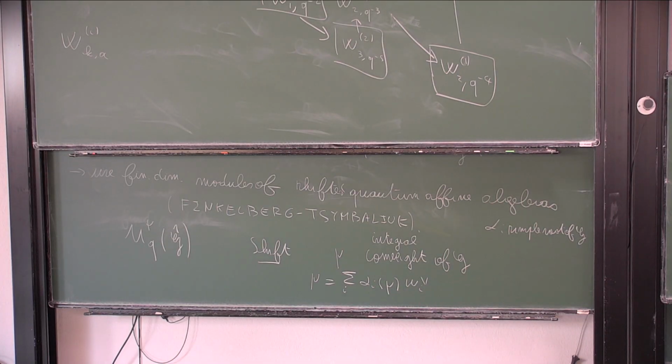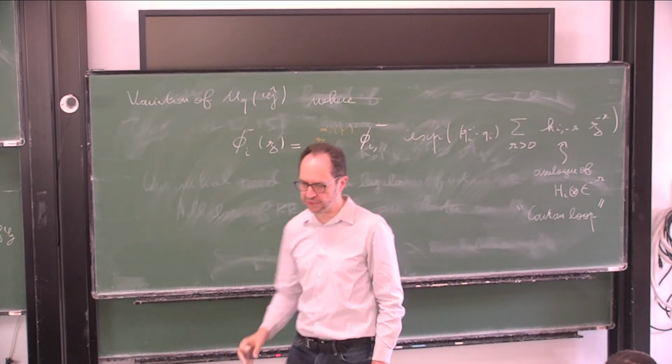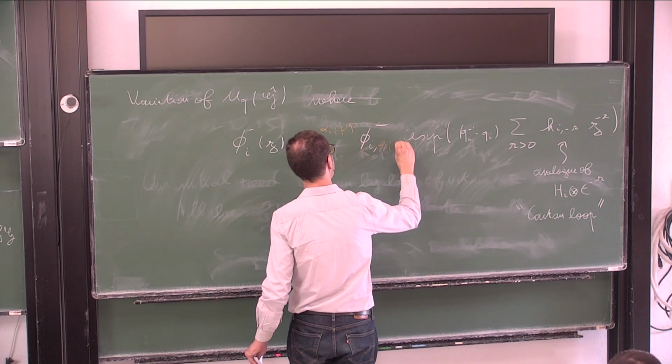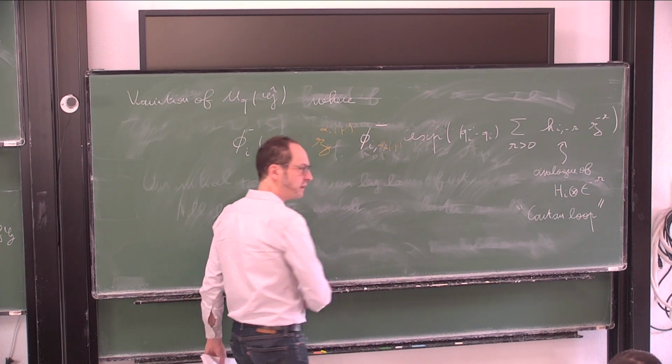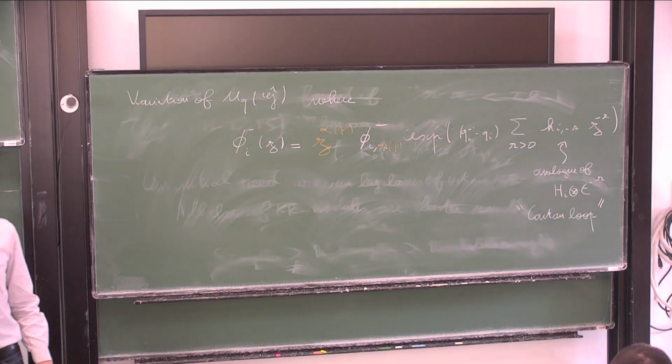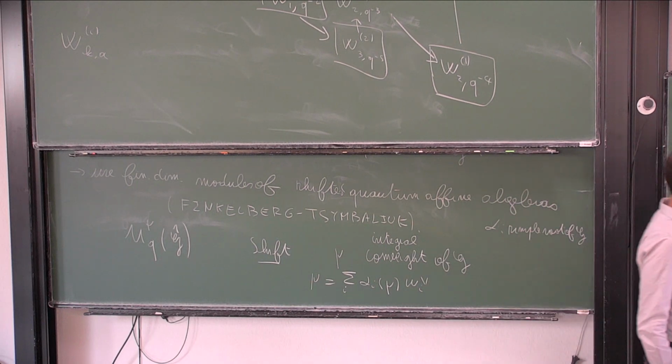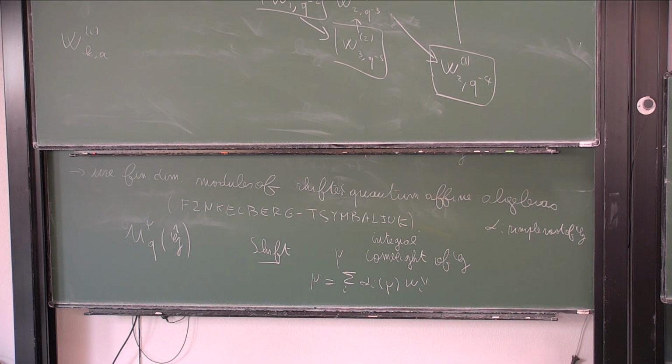So that it makes sense, you also include this element here. That's the only change: we just shift this series and keep the same relations. And this is a shifted quantum affine algebra.